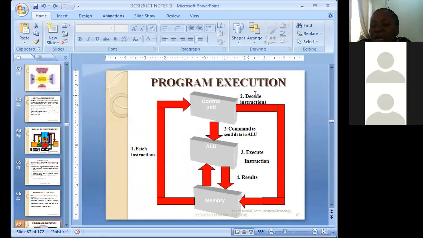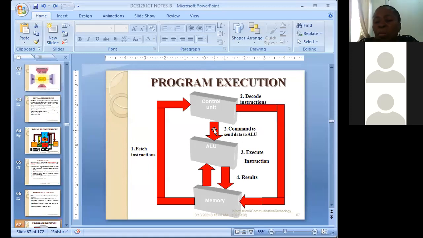The second thing it does is to decode the instructions. Who is doing this? The control unit. Then the third thing is the control unit commanding the ALU. It will send a signal. Sorry, students, what I've been calling signals are also equivalent to commands.